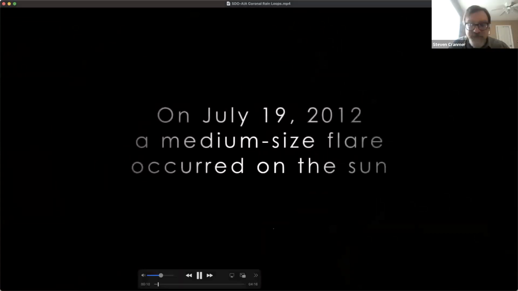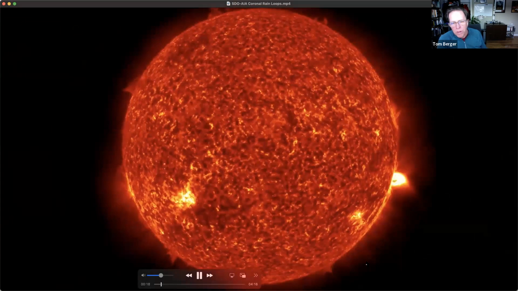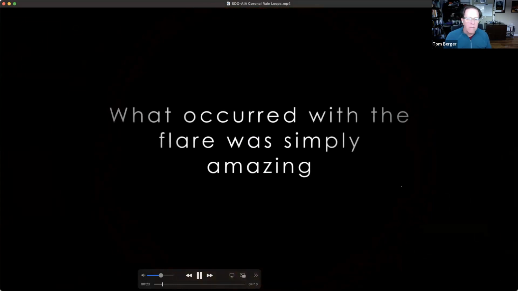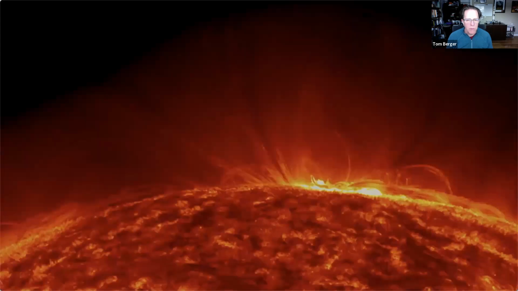Are you hearing the audio? I'm not, no. Okay, it's just sound effects in the background. But this is helium-2 and you can see on the right there was a flare followed by post-flare loop cooling.